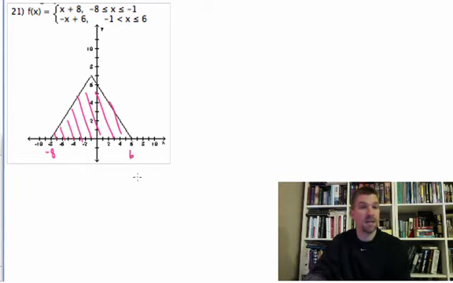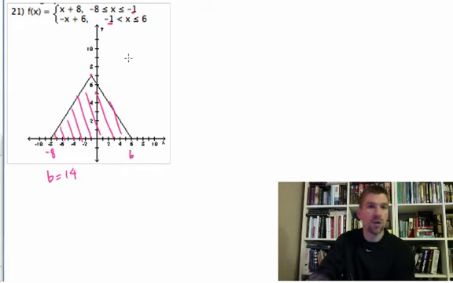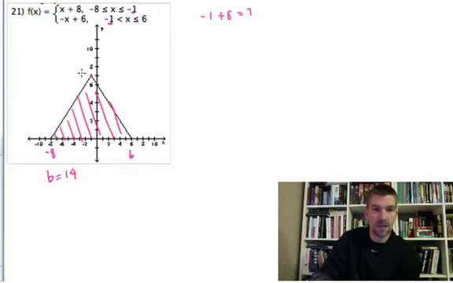I'm doing 8 plus 6, so my base is 14. I need to figure out the height, and the height occurs right here at -1, where my function changes. So we stick -1 in for x, add 8, and we get 7. So this guy is 7, which means my height is 7.